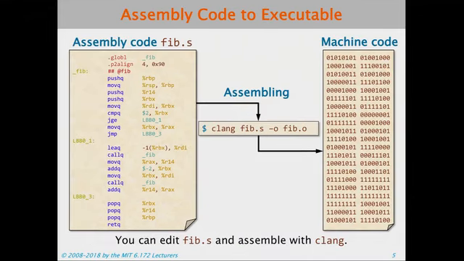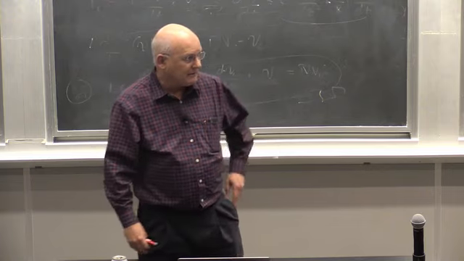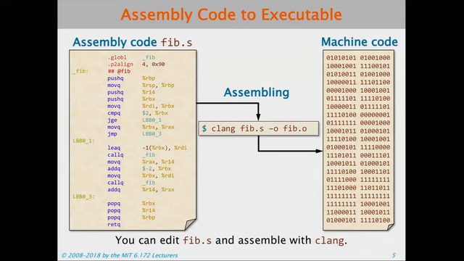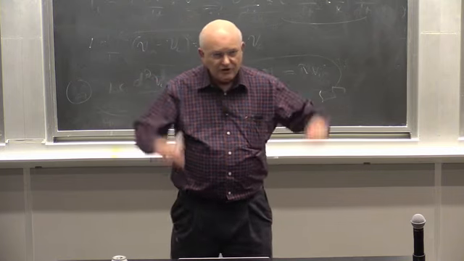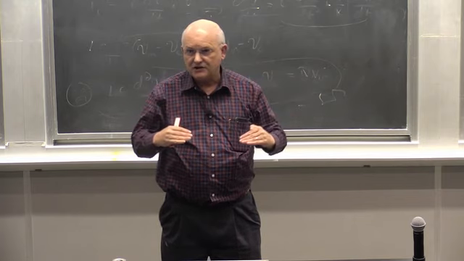From there, we assemble that assembly code, and that produces the binary. And once again, you can invoke it just by running Clang. Clang will recognize that it doesn't have a C file or a C++ file. It says, oh, goodness, I've got an assembly language file, and it'll produce the binary. Now, the other thing is that assembly and machine code are really very similar in structure.